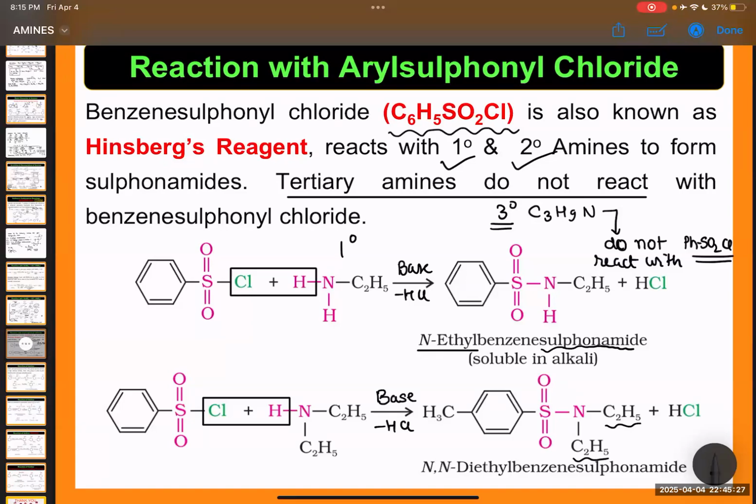So accordingly you can take. But how are you going to distinguish? There is still one H left on the sulfonamide in the case of primary amine, and because one H is left, it can react further with base. This H can be removed by base. So sulfonamides of primary amine are base soluble.